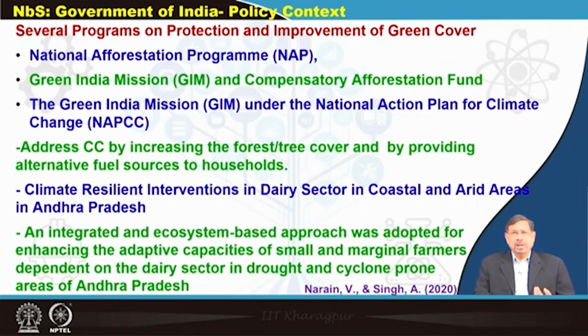This kind of program addresses extreme weather events such as drought and cyclone, which are emerging out of rising climate change. So we quoted a few examples, from the Government of India as a nation and Andhra Pradesh as a state, of nature based solutions leading towards climate mitigation.